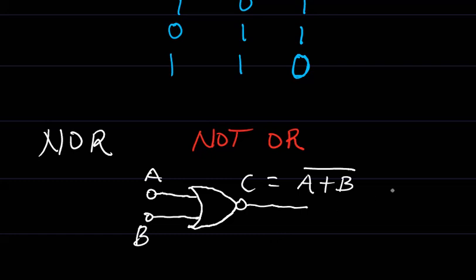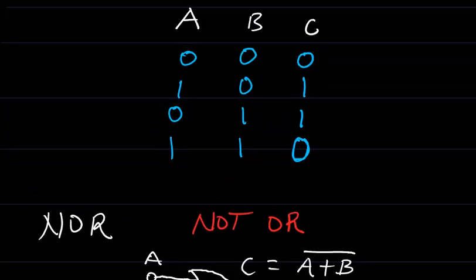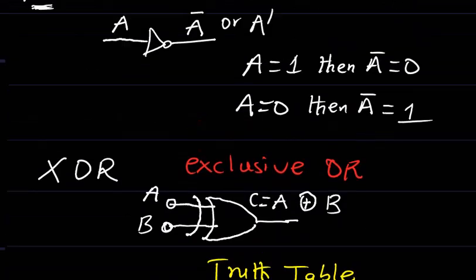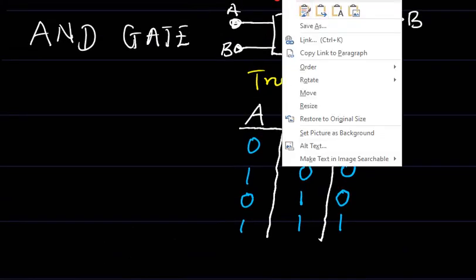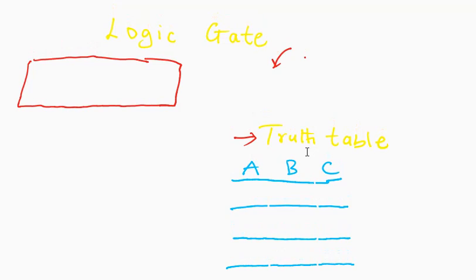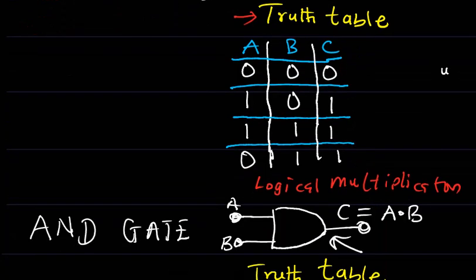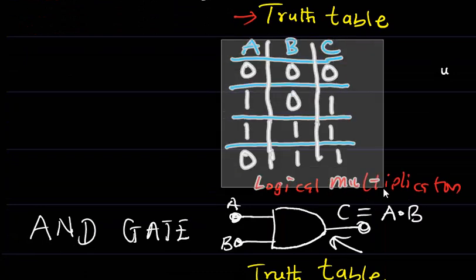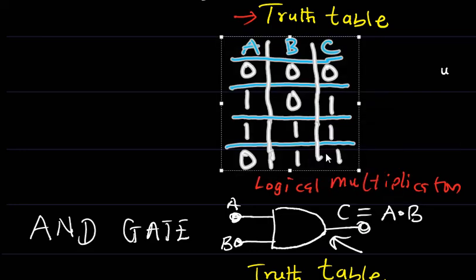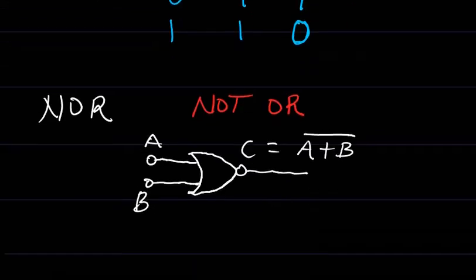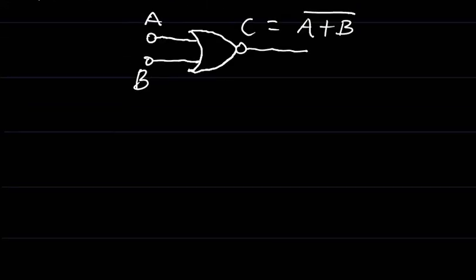That simply means that I don't need to write the truth table of this. The truth table is still going to be the truth table of the OR gate, but complemented. So I can actually copy it out, then I add the complement of the output, and we are good to go.